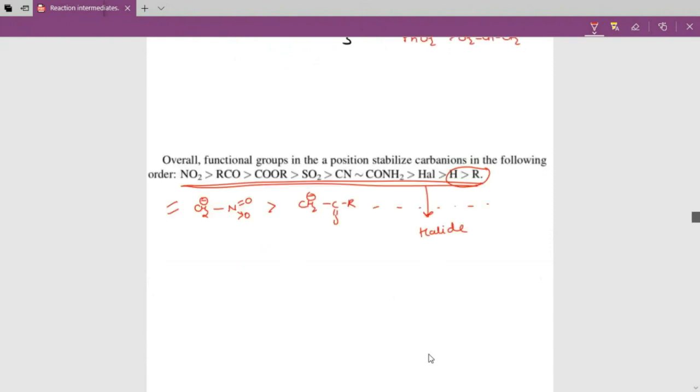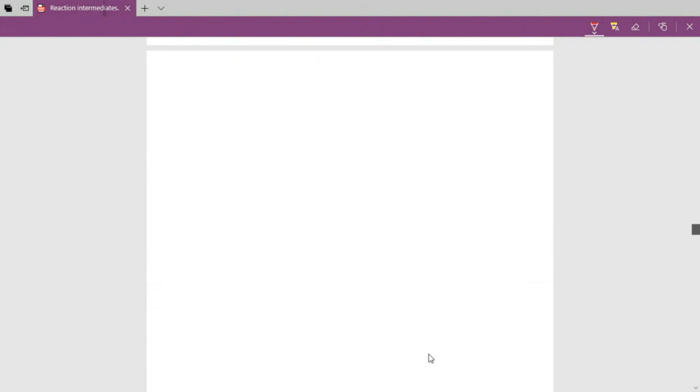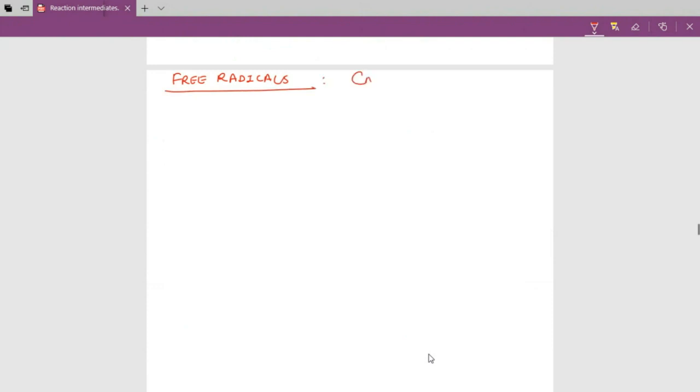Now let us move to the next point, that is free radicals. Okay, let us move to free radicals. If I say the word free radicals in general, it is too vast. So I will limit myself to carbon free radicals. Free radicals could be anything. It could be F dot, Cl dot, Br dot, I dot.